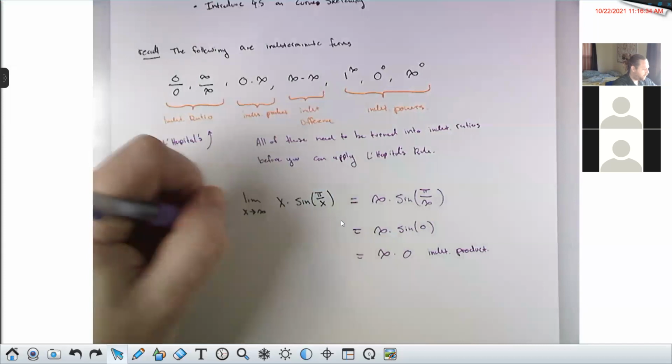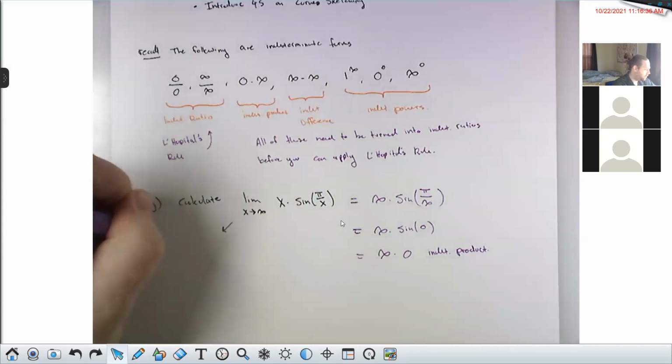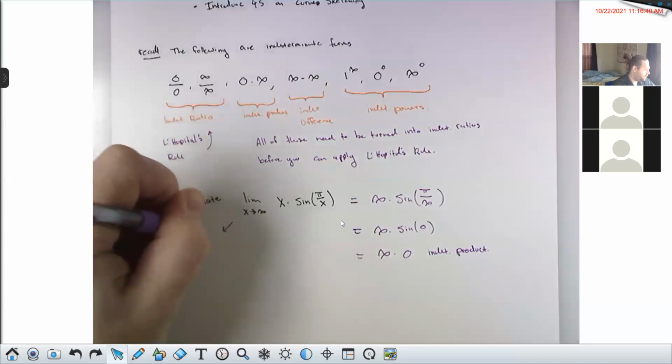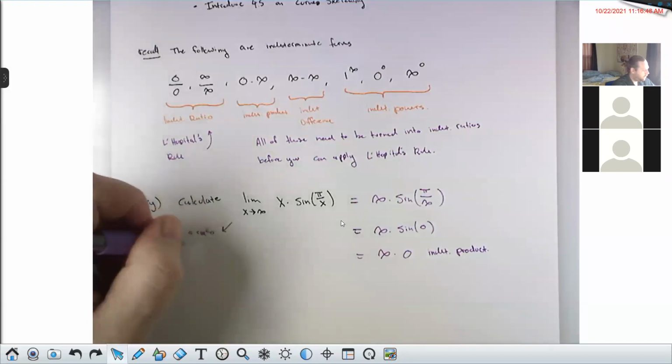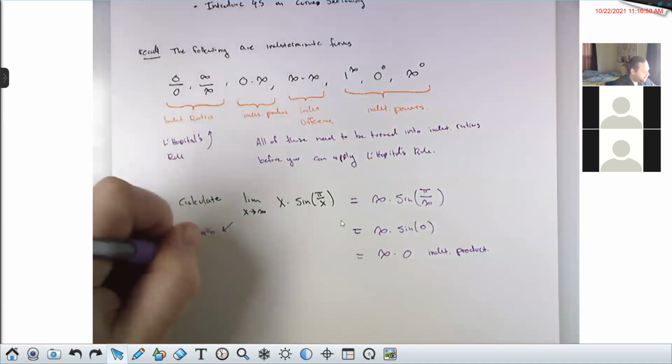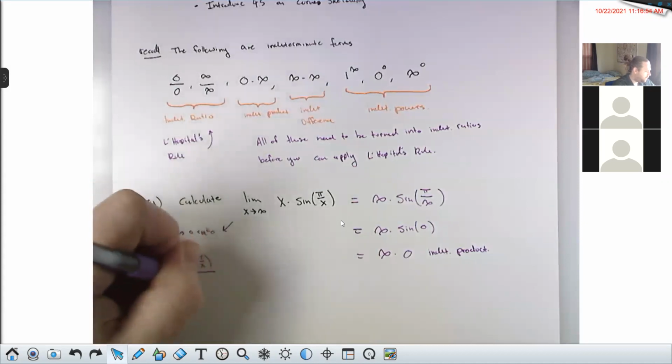So I'm going to rewrite this as a ratio, as a fraction. So this becomes the limit as x goes to infinity. I'll leave the sine of pi over x upstairs, and I stick the x downstairs as 1 over x.